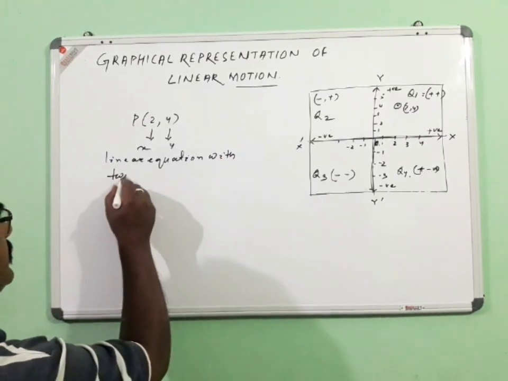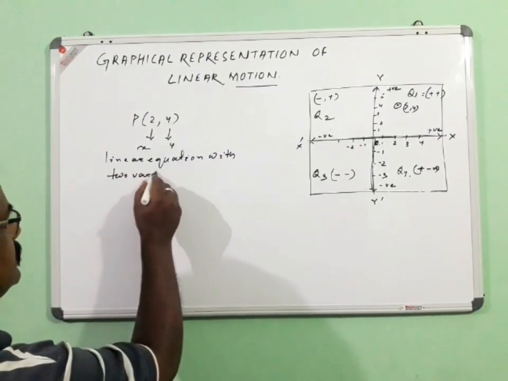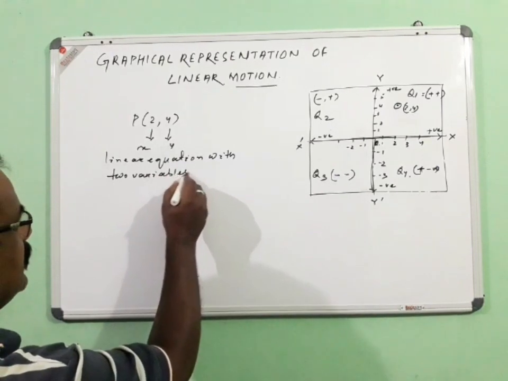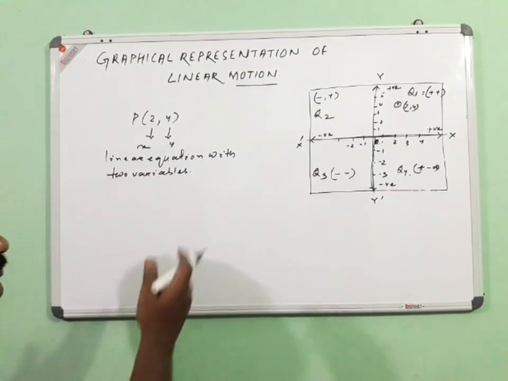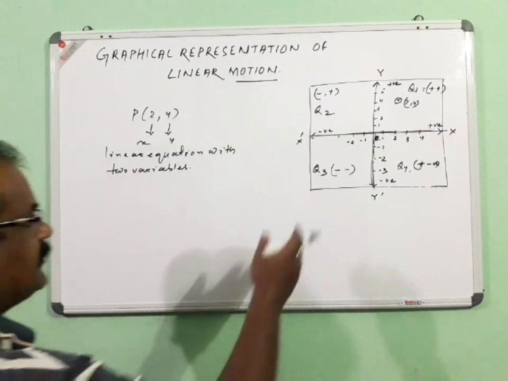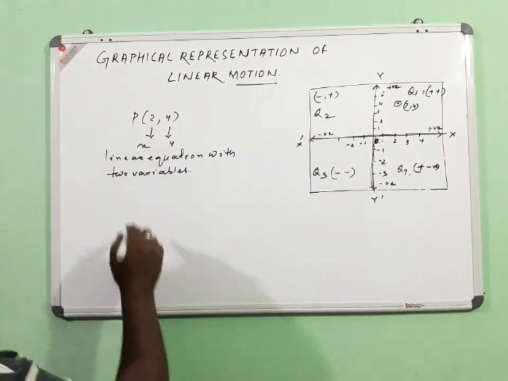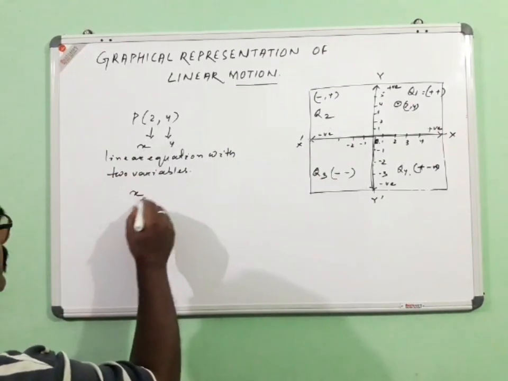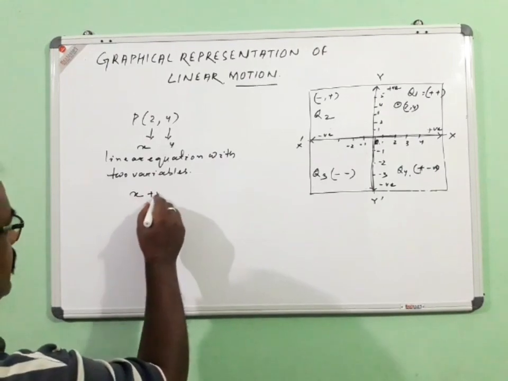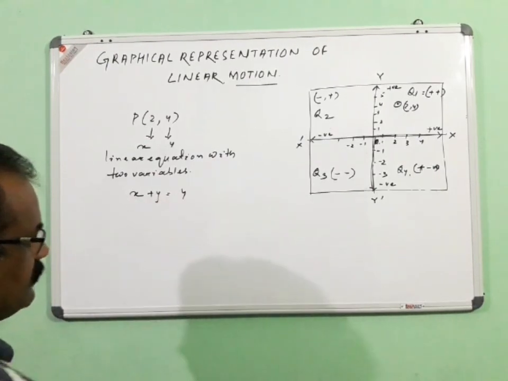In such cases we will get a straight line which will pass through the entire plane. For example, let us consider x + y = 4.